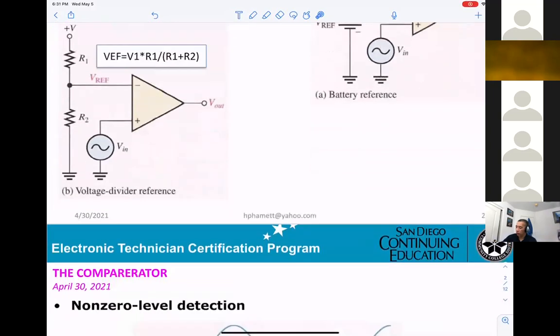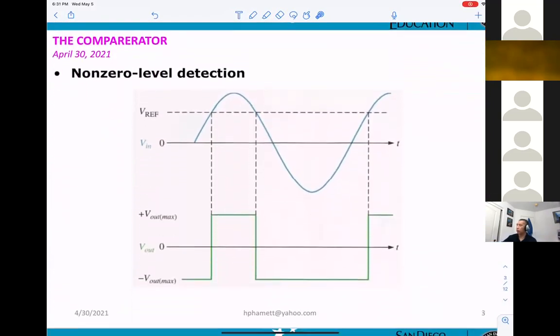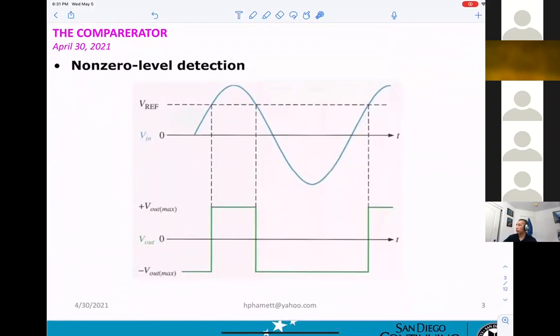Now on the first one here, the input will be sideways here, and your V reference will be here, so they compare to V reference.